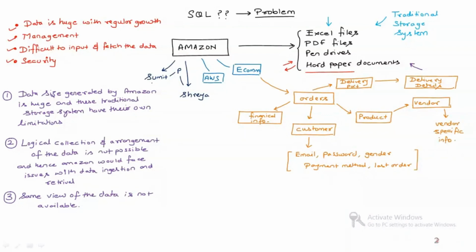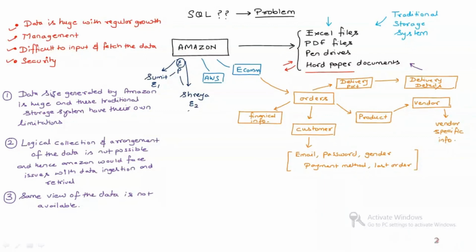So Sumit has one Excel file, I'll call this E1. Shreya has another Excel file, E2, but these two Excel files belong to the same master file, E. So Sumit is using one copy of E, Shreya is using another copy of E.